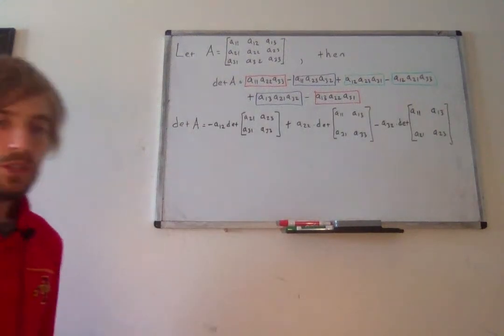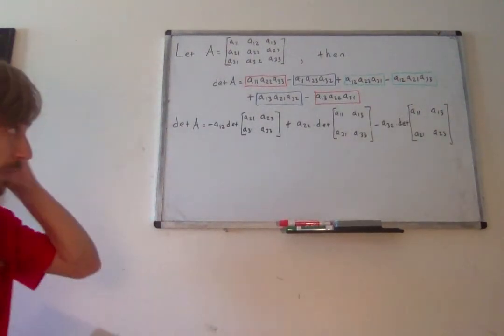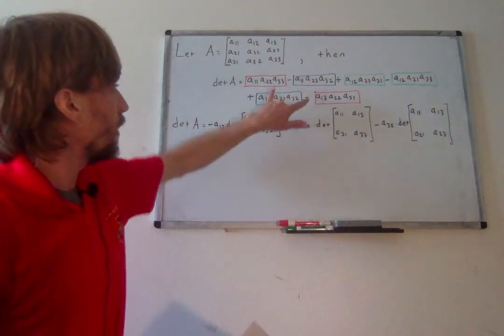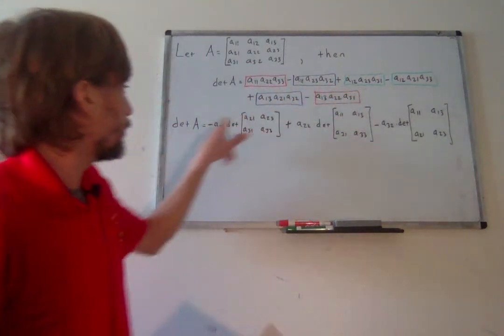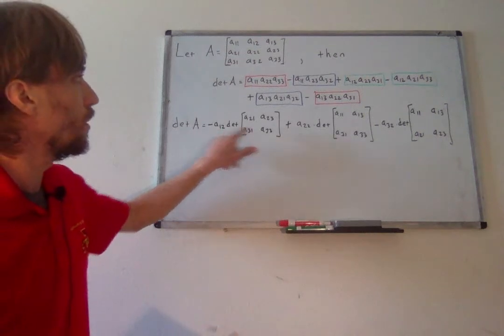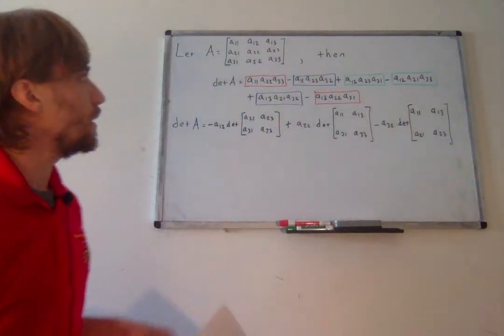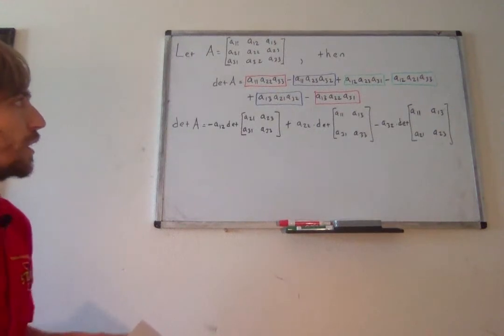So this is a little weird, but notice what I've done is, in the 2 green terms, the common factor was A12. In the 2 red terms, the common factor was A22. And in the 2 blue terms, the common factor was A32.